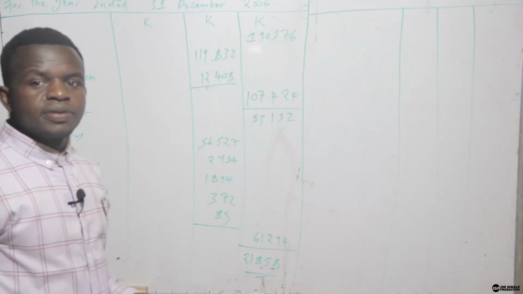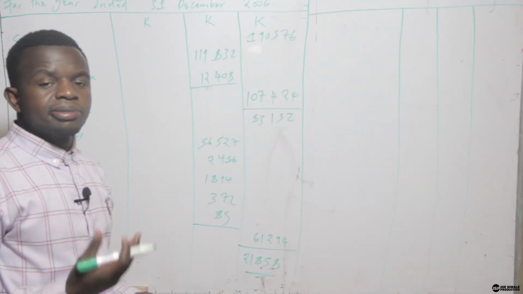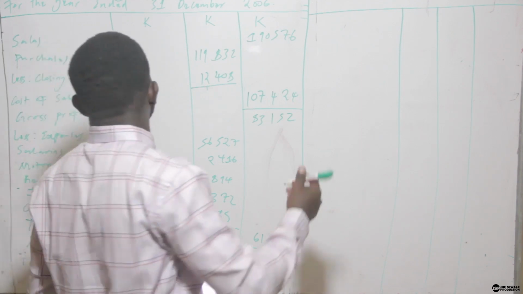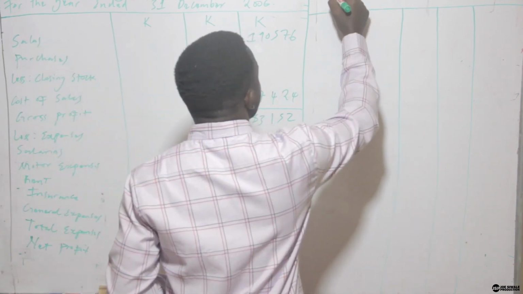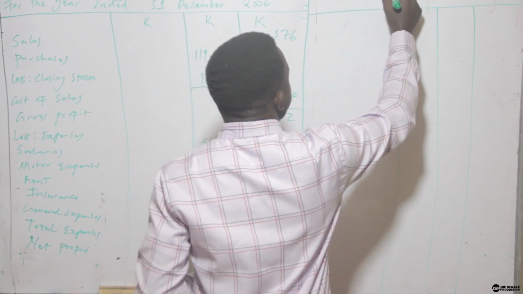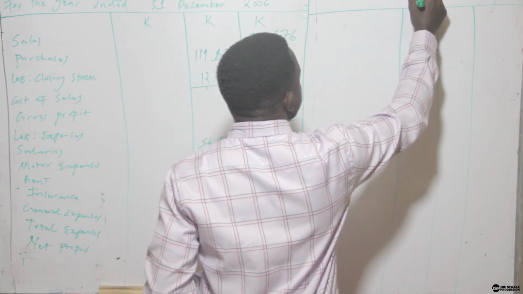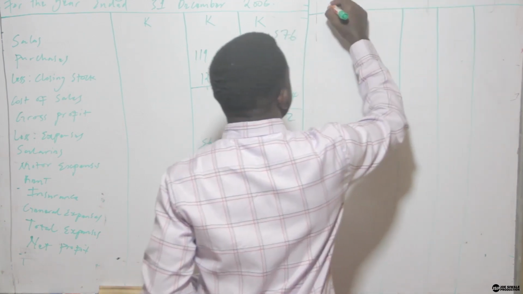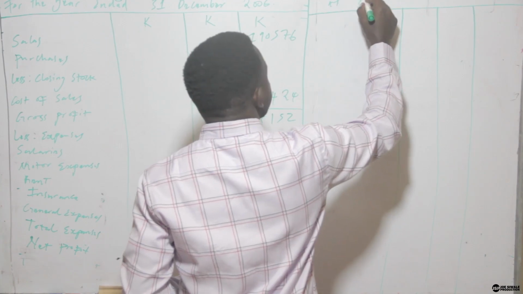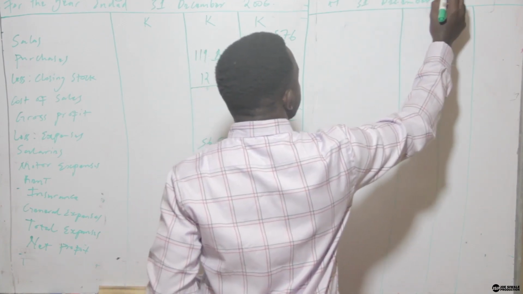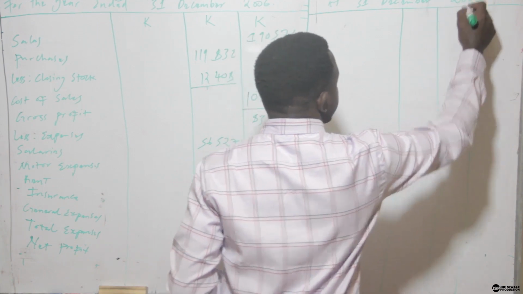Let us now look at the balance sheet. So the first thing that I'm going to do when writing down the balance sheet is to put up the title. So the title there, we're going to have Makoko's balance sheet as at 31st December 2006.